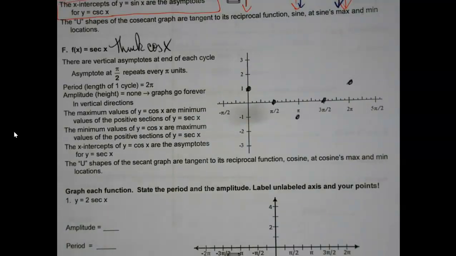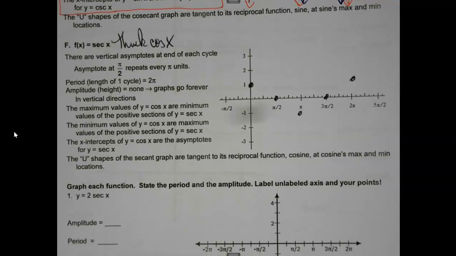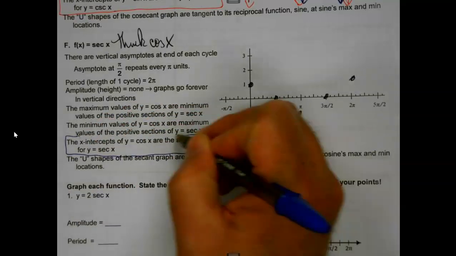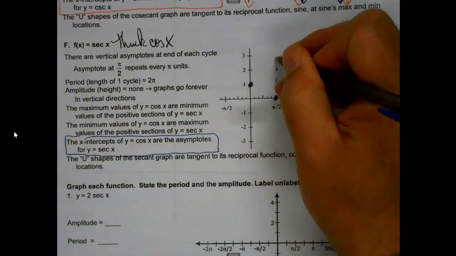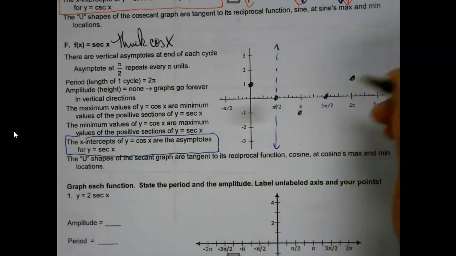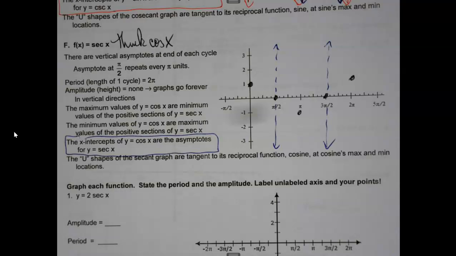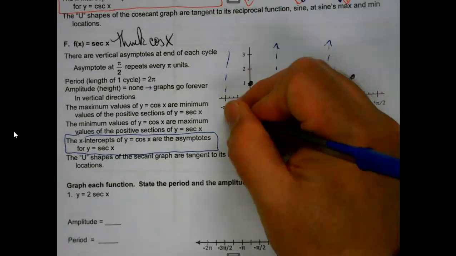The idea is going to be exactly the same as what we did before. The x-intercepts are my asymptotes. The mins and maxes that remain, I'm going to put my other one in here so we can see this.